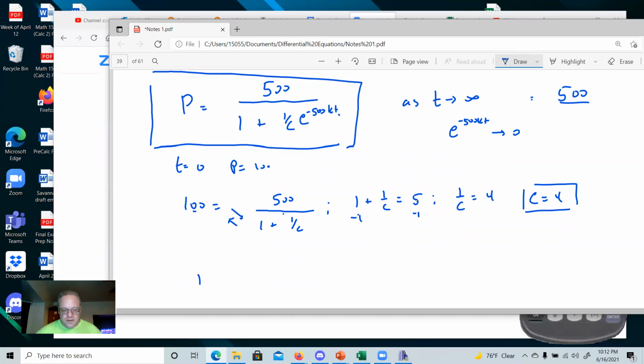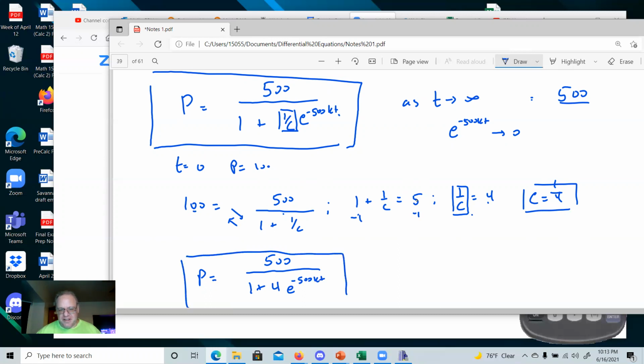So 1 over C is equal to 4, with C equal to 1/4. But we don't have to do that. 1 over C is equal to 4. So our formula here is 500 over 1 plus 4 e to the negative 500 kt. Look at that.